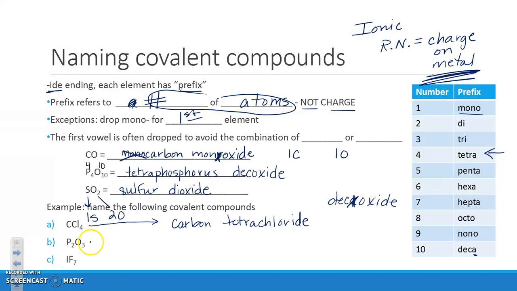For P2O3, you should have diphosphorus trioxide. And then for the very last one, we would have iodine heptafluoride. And remember, it's fluoride, not flouride. Okay, hopefully you did well.